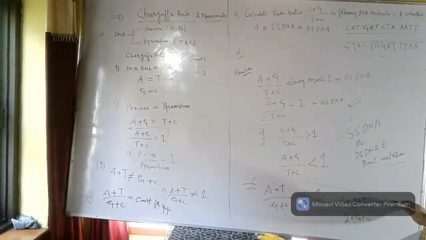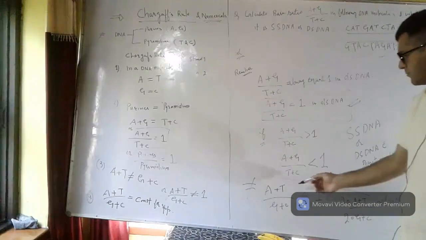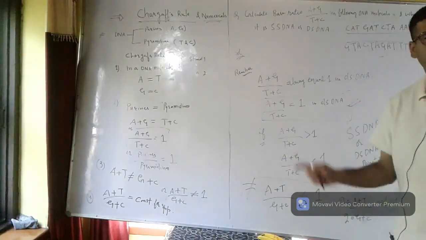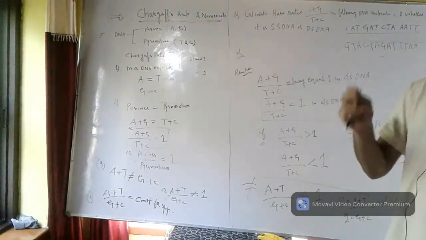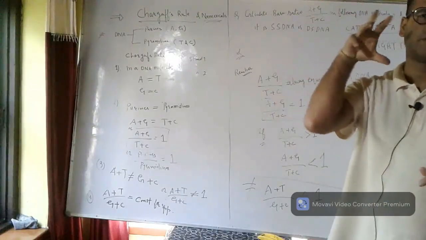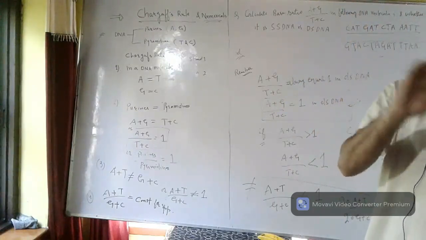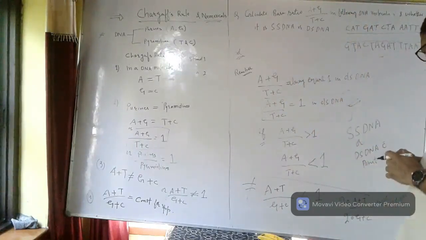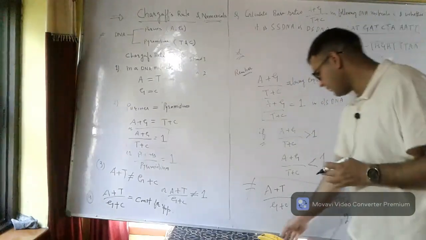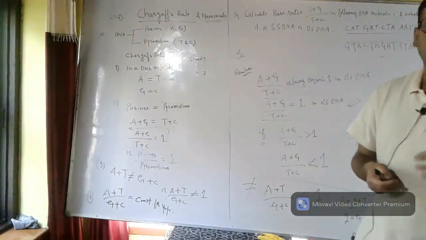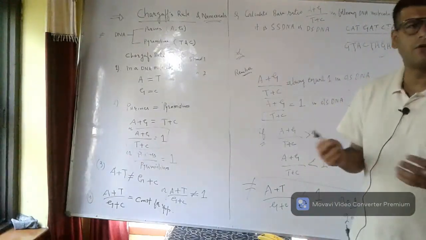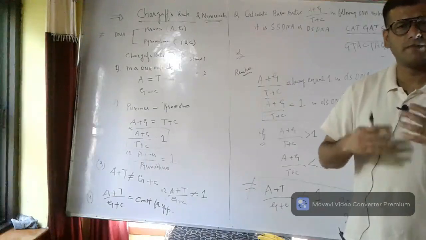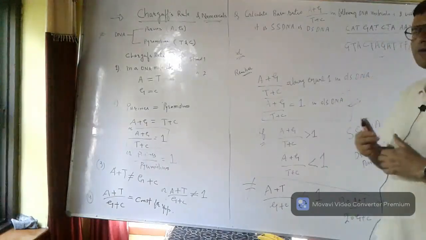So as a result, the base pair ratio of adenine thymine by guanine cytosine does not come to 1. Although in rare cases it may be 1, in the majority of cases it is not equal to 1, because the number of adenine thymine base pairs is not equal to guanine cytosine base pairs in a DNA molecule; their number would be different.